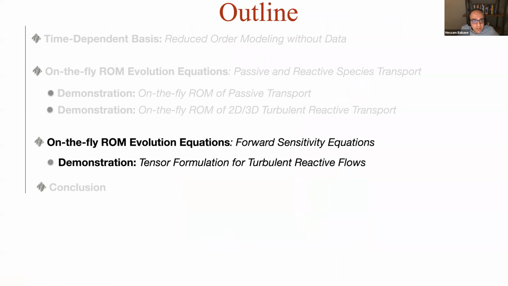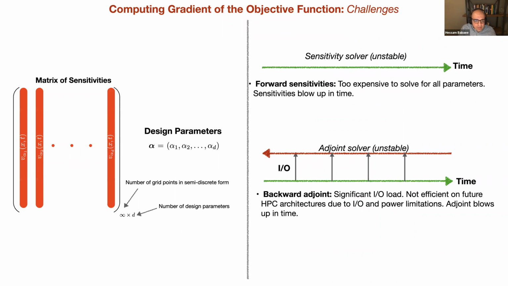Okay, so now I want to switch gears and show you another application, which is computing sensitivities using this time-dependent reduction. Let me just set the stage here. So if you have an evolutionary system and you want to compute sensitivities with a large number of parameters, here I'm showing alpha 1 to alpha d as the design parameters, that you want to compute the sensitivity of that system with respect to.